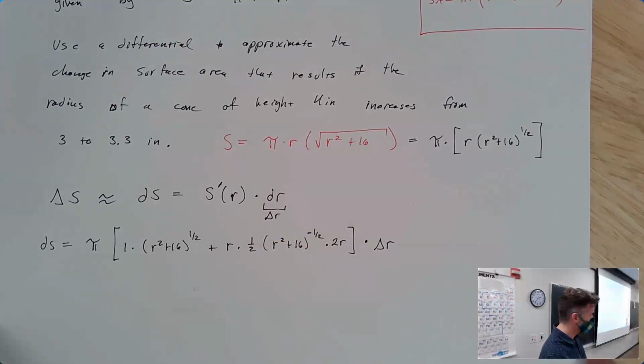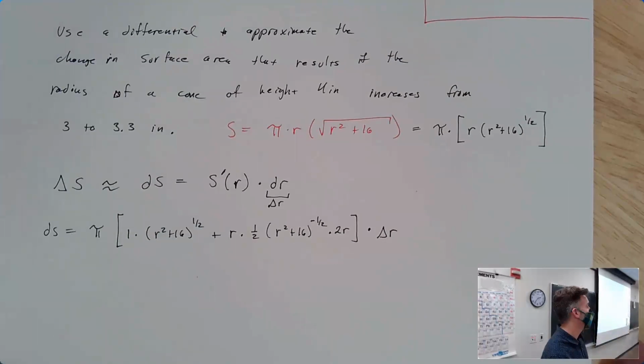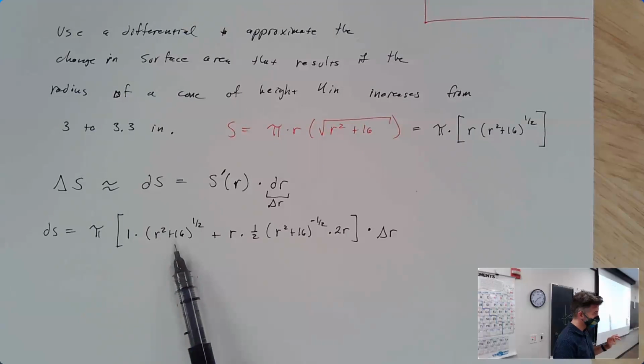This is a good example of don't simplify if you don't have to. We still need to figure out what the answer is. So this problem was set up very specifically. My r is 3, and 3 squared plus 16 is 25, which is nice to take the square root of.